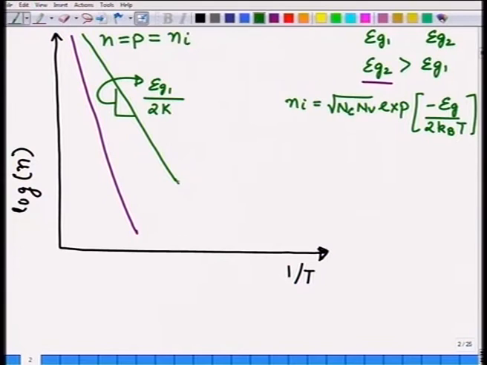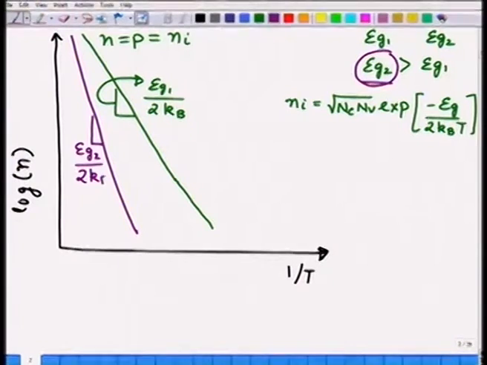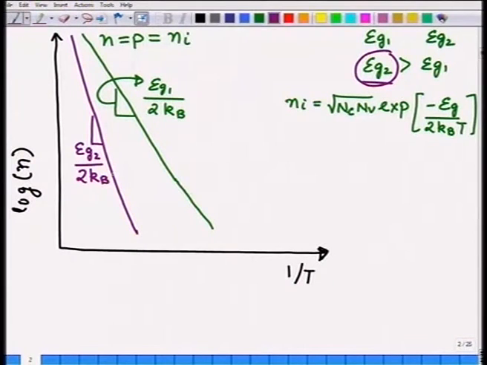If the green line continues like this, then this line should be plotted like this, meaning that at any temperature, since Eg2 is greater than Eg1, the carrier concentration will be lower, and notice the slope the way I have drawn is also steeper. This slope of course will be Eg2 by kBT. Will the slope be that in that case?